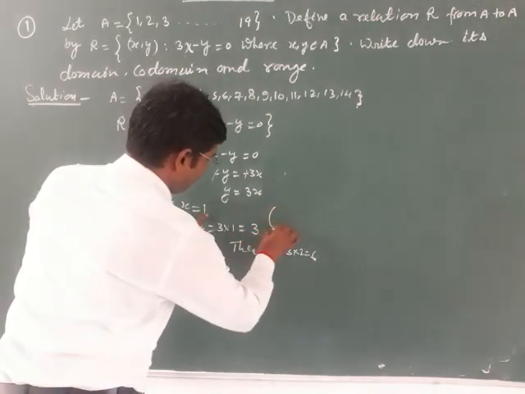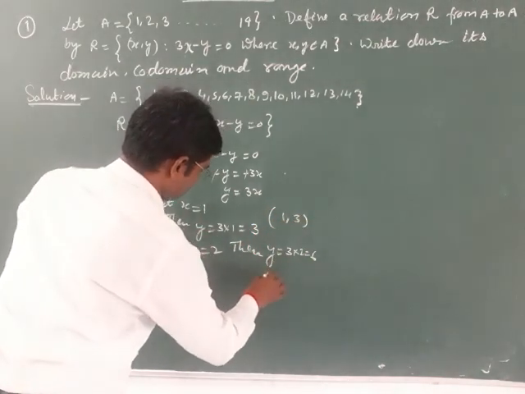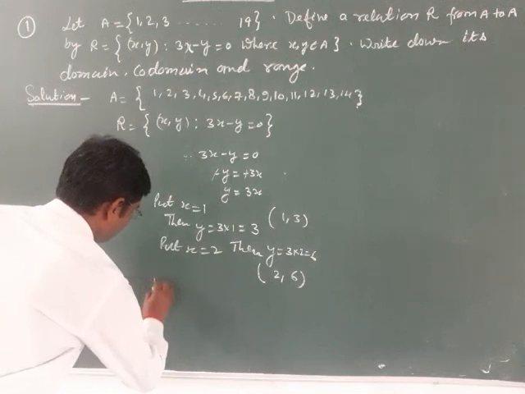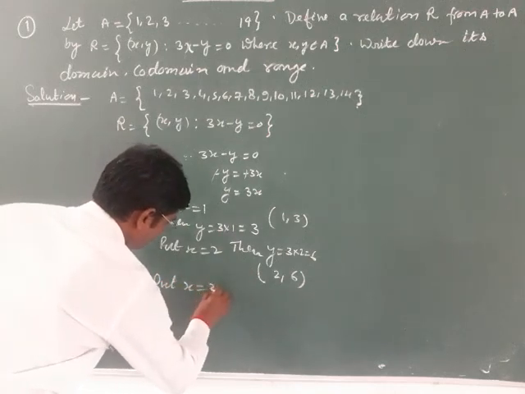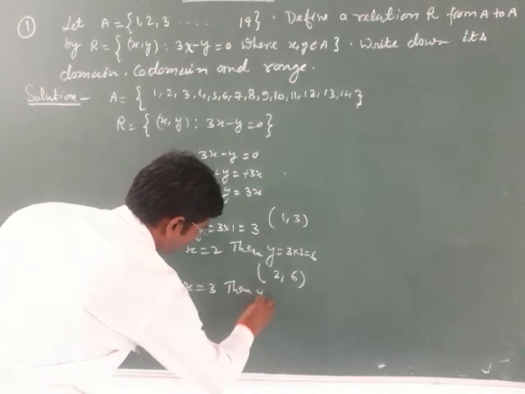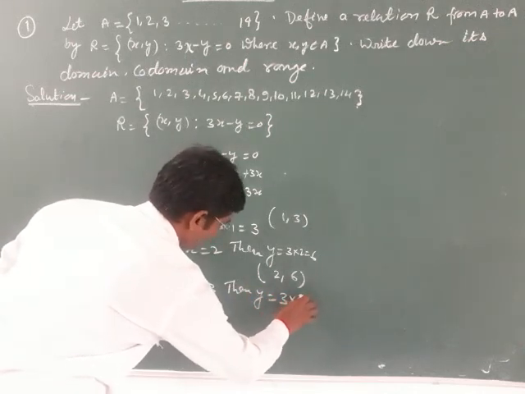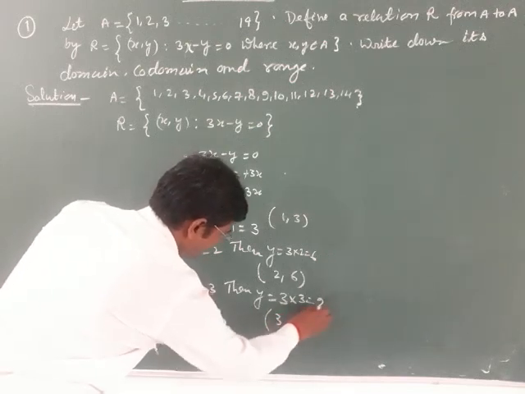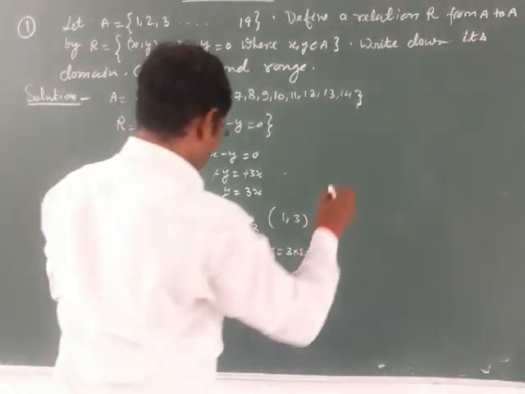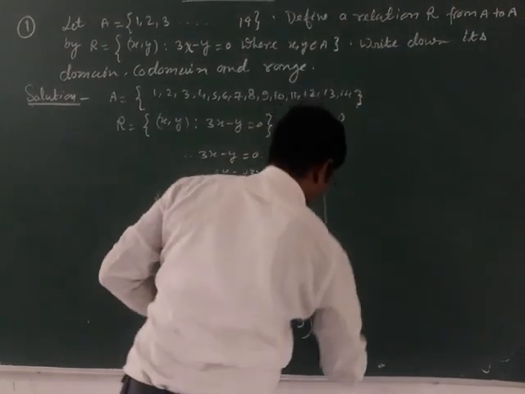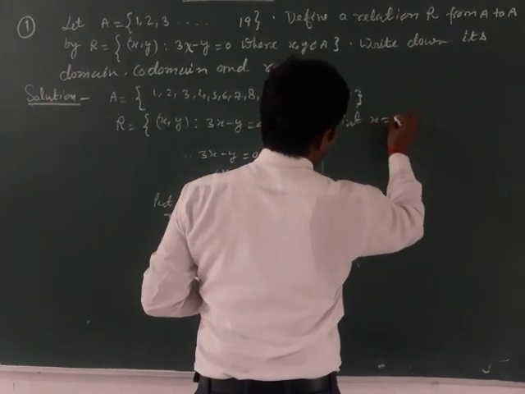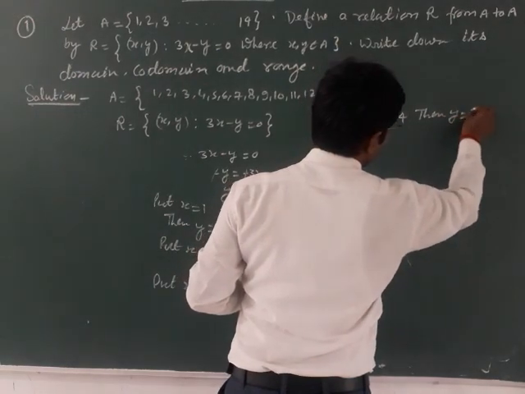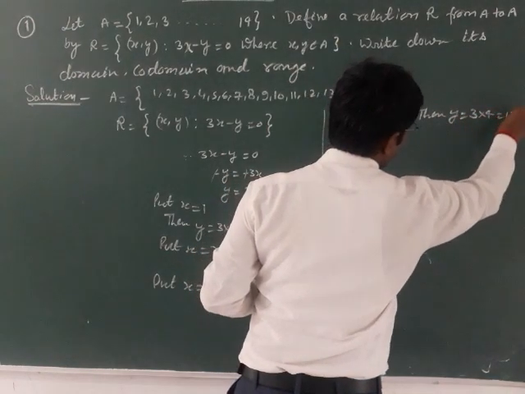So we get the ordered pair (1, 3) and also the ordered pair (2, 6), and again put x is equal to 3, then y is equal to 3 into 3 is equal to 9, ordered pair (3, 9). Put x is equal to 4, then y is equal to 3 into 4 is equal to 12.